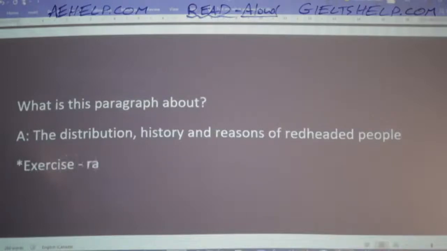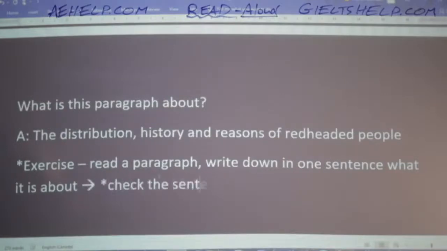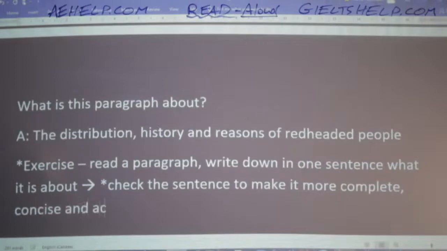Okay? Read a paragraph. Write down in one sentence what it is about. Then, very importantly, check the sentence to make it more complete, concise, and accurate.